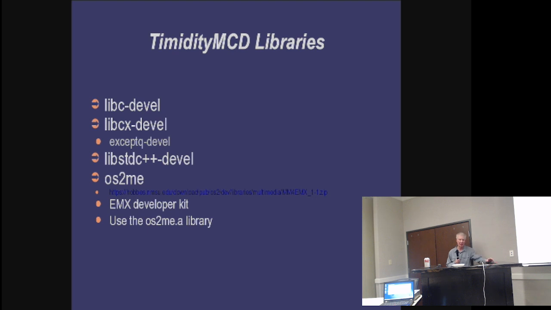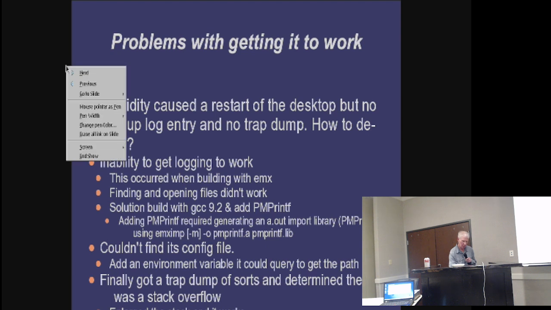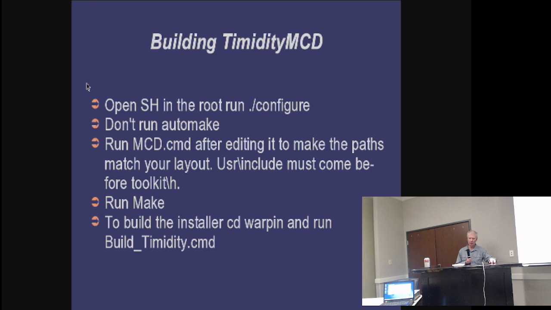There is that little dark blue link, on Hobbes, just the EMX piece that you need. You just run configure like you normally would. Don't run automake unless you want to have to rebuild your make files.